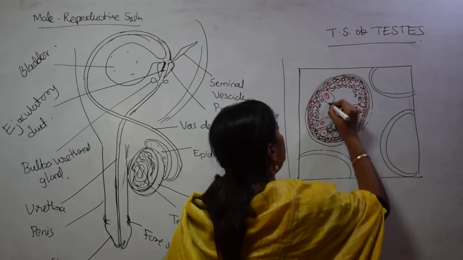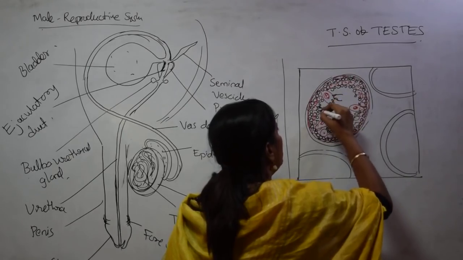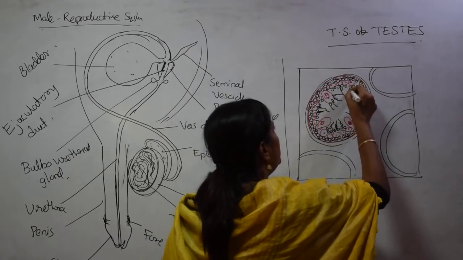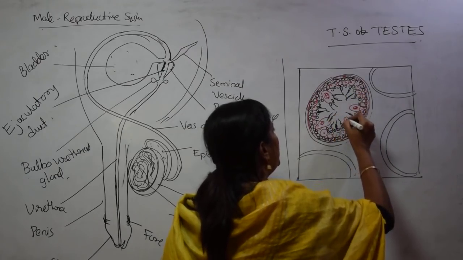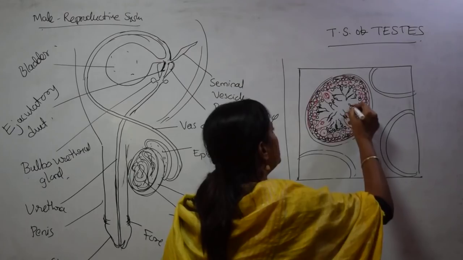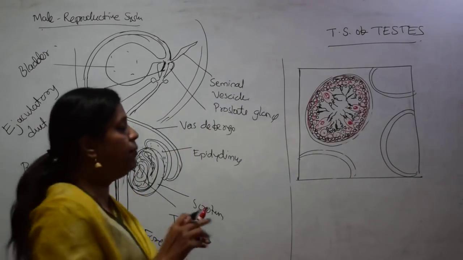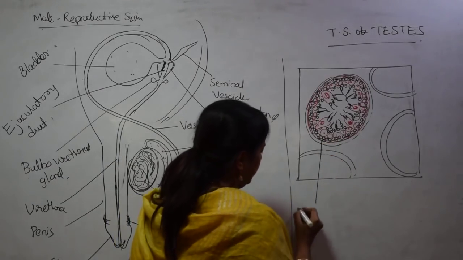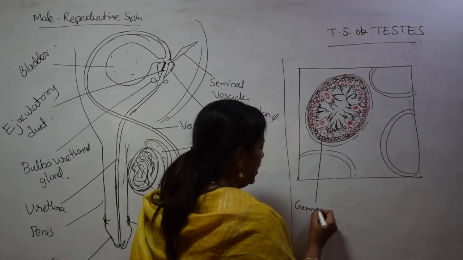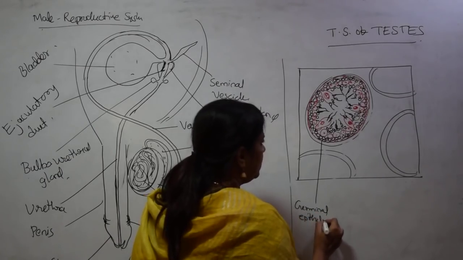Then these are normally attached to the Sertoli cell. The Sertoli cells I draw, these are the sperms, these are the Sertoli cells. Okay, let me label all of them now, one by one, you understand what I am drawing. The first red one I have drawn is the germinal epithelial lining, germinal epithelium.